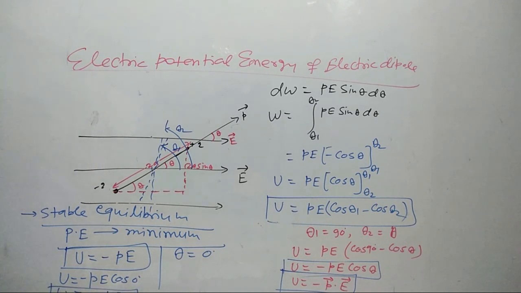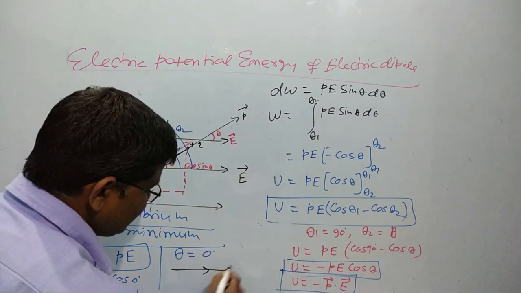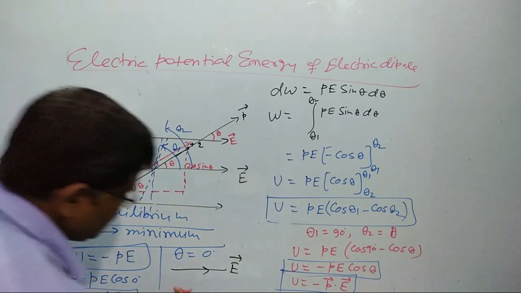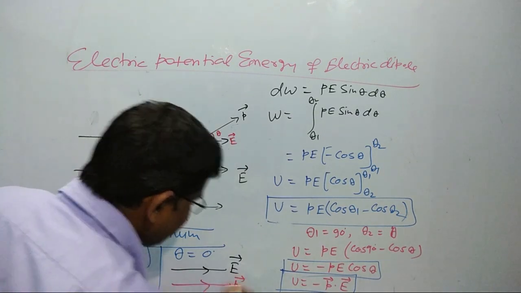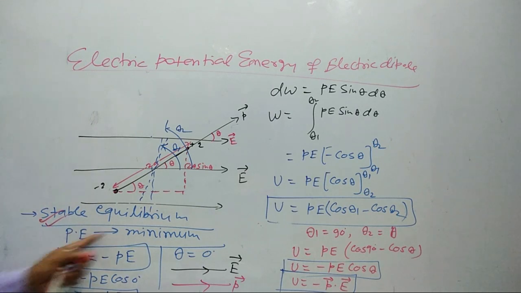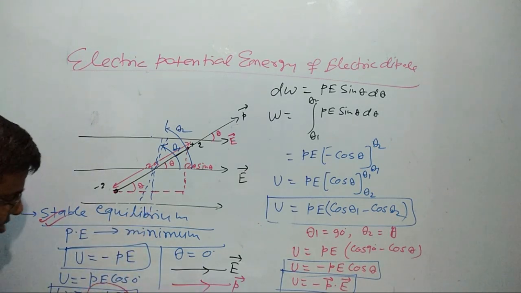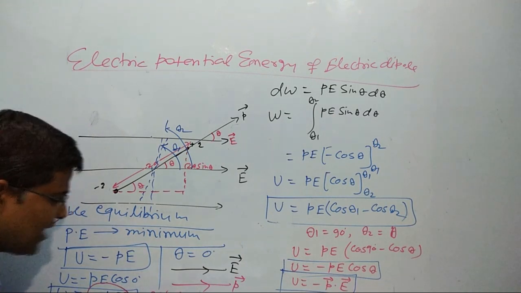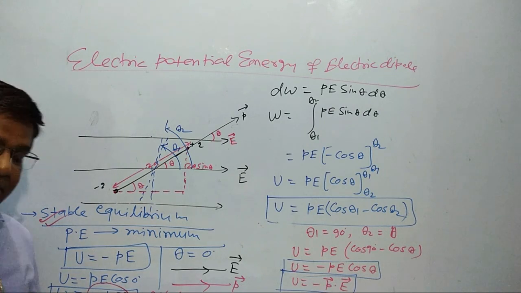Potential energy is minimum when the electric field and dipole are both in the same direction, and then it is a stable equilibrium. How? Because the potential energy value is minimum. For the minimum value, the dipole is in stable equilibrium.